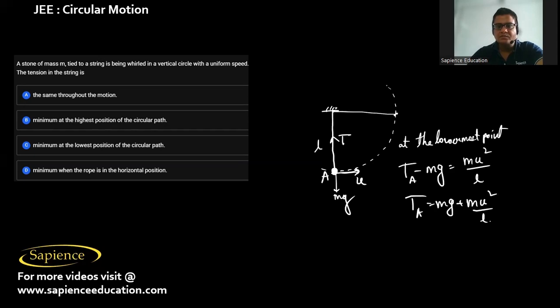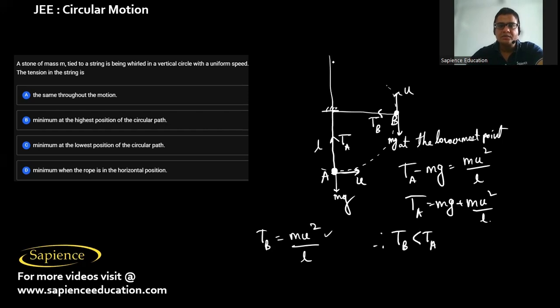And when it reaches point B, then this will be the tension, that is TB, suppose. So this will be mg, this will be u. So here we can say that TB will be equal to mu square by L. So obviously, TB is less than TA.